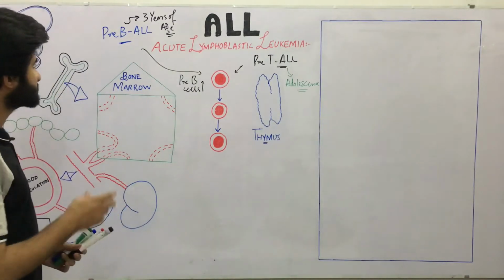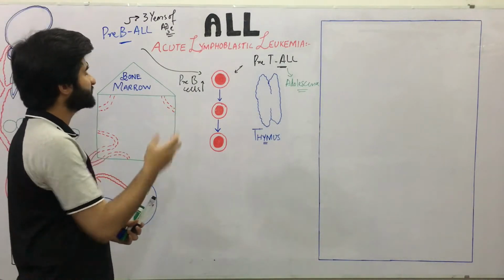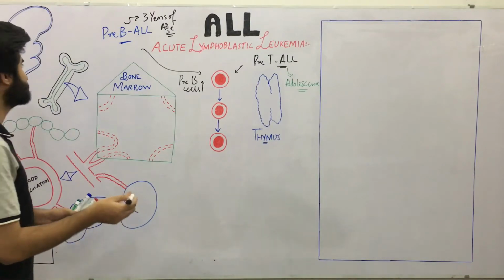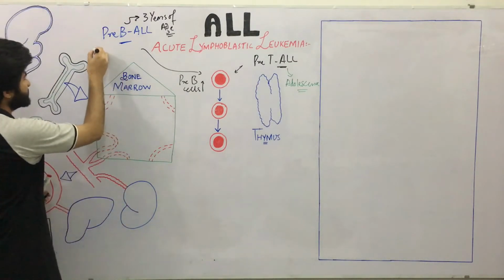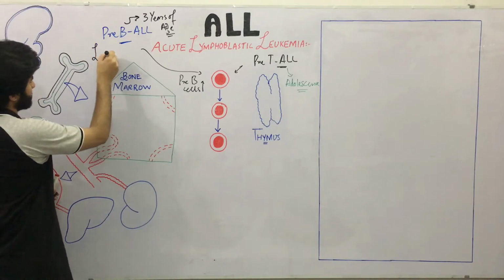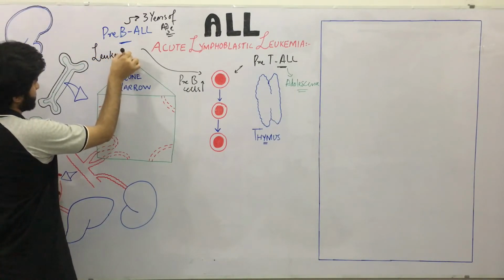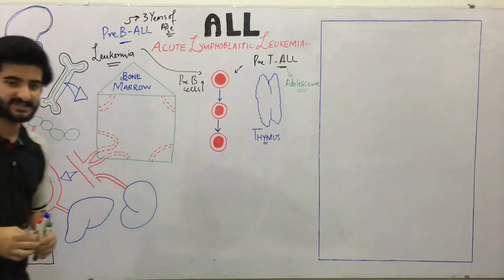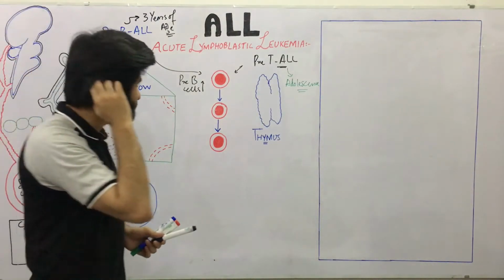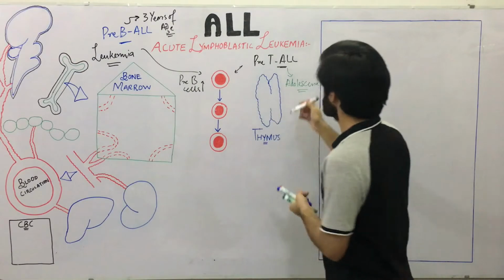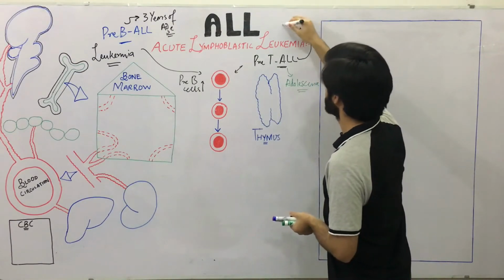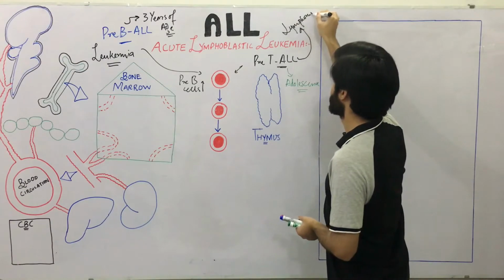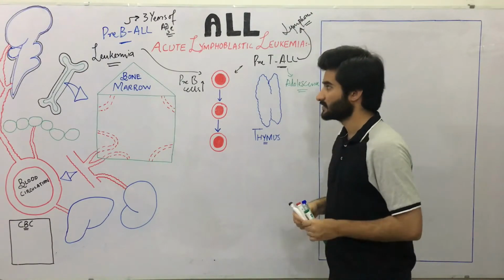Another thing about pre-B-ALL and pre-T-ALL is that precursor B-ALL mostly presents as a leukemia, whereas precursor T-ALL mostly presents as a lymphoma. So why is this so?